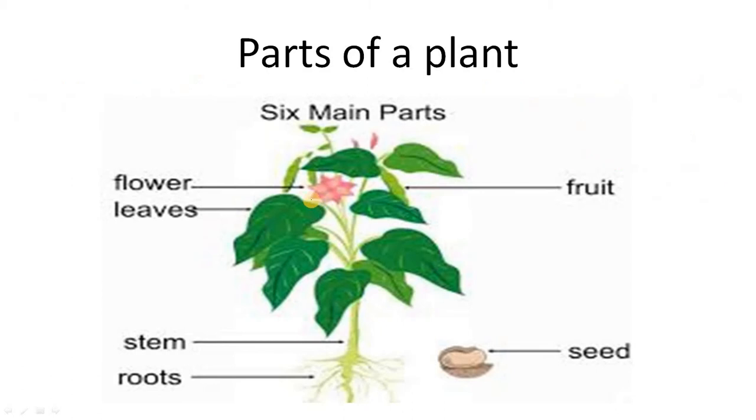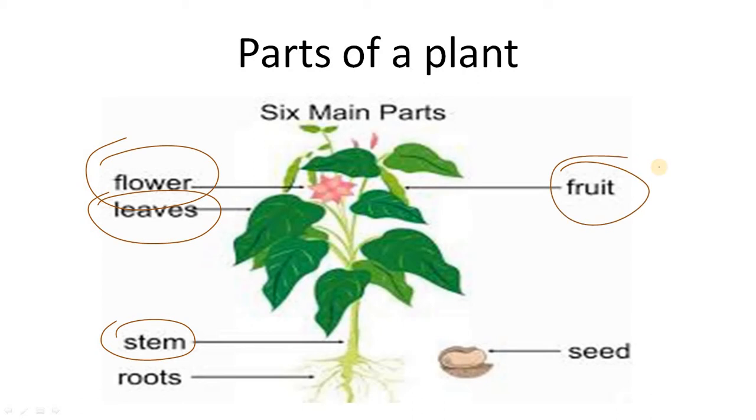So in shoot we have again different parts. Stem comes in shoot, leaves come in shoot, flowers come in shoot, fruits come in shoot, right? So shoot also has many parts. Mainly, when you want to see the parts of the plant, the two main parts are root and shoot. Root goes below the ground, shoot grows above the ground.